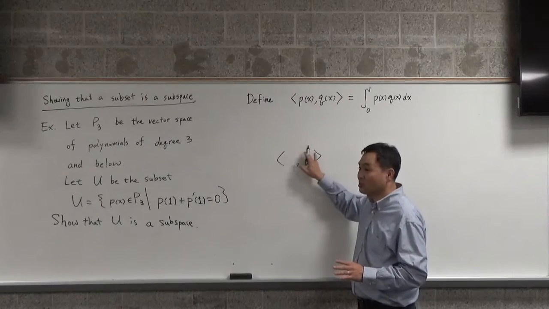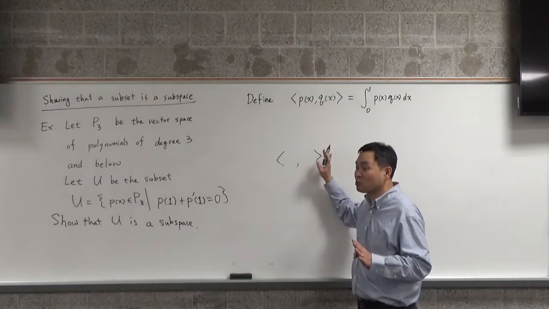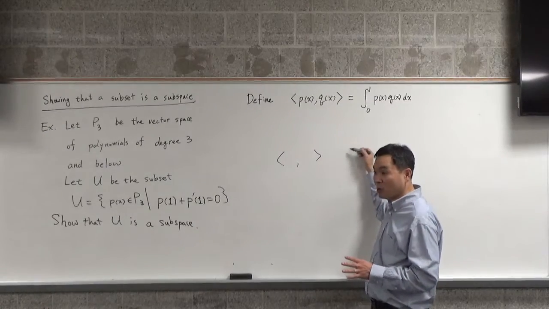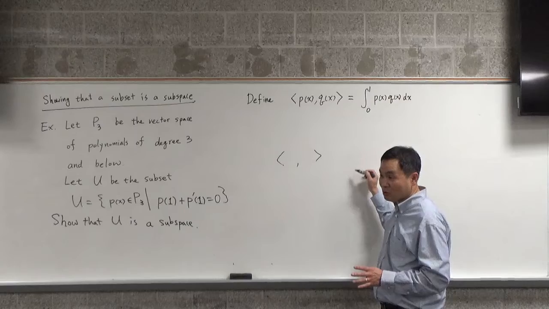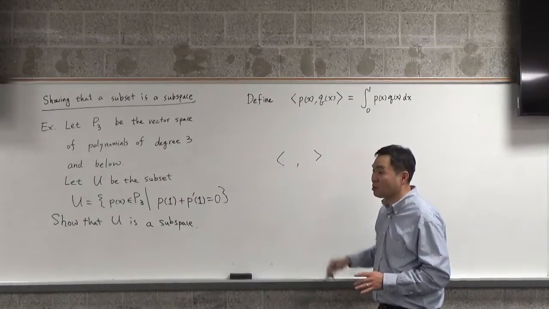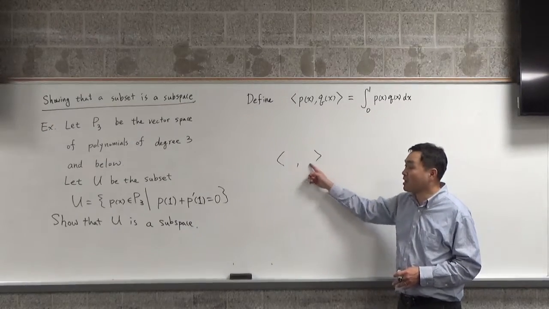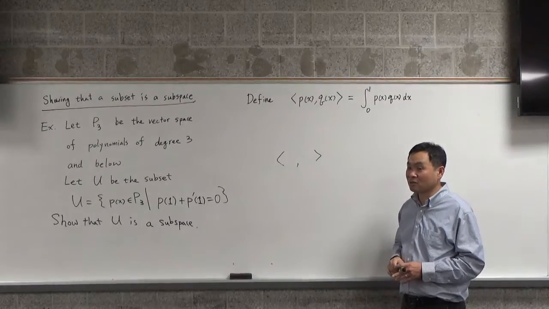Any function that has two arguments, just give me any function with two arguments, and then you check three requirements: bilinear, symmetric, positive definite. If any one of them is violated, then you can't call this an inner product. But if all three are true, then you can call this an inner product.